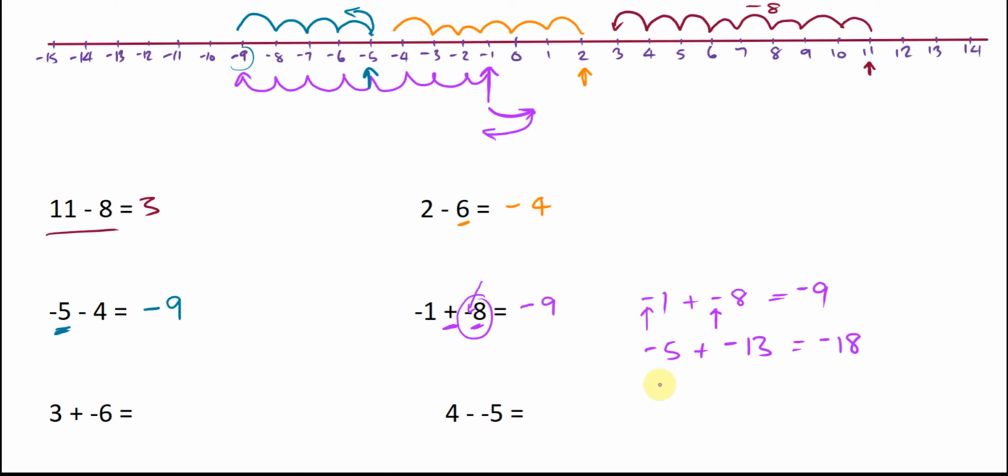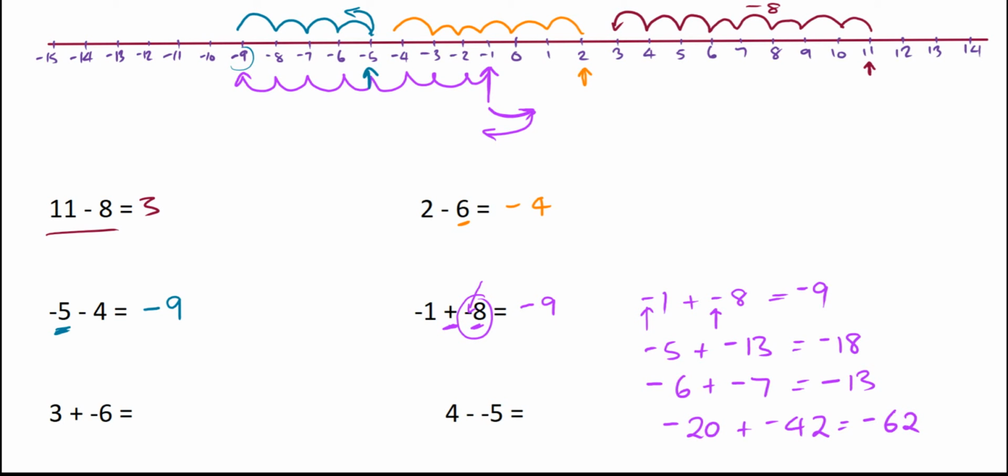So another example, negative 6 plus negative 7. We get negative 13. And perhaps one more for good measure. If we've got negative 20 plus, say, negative 42, that would give me negative 62.